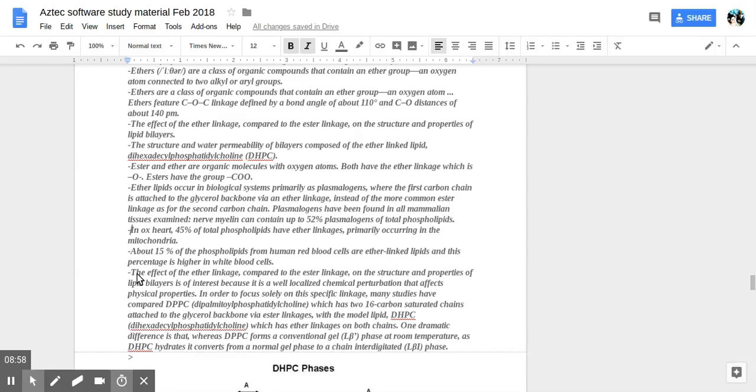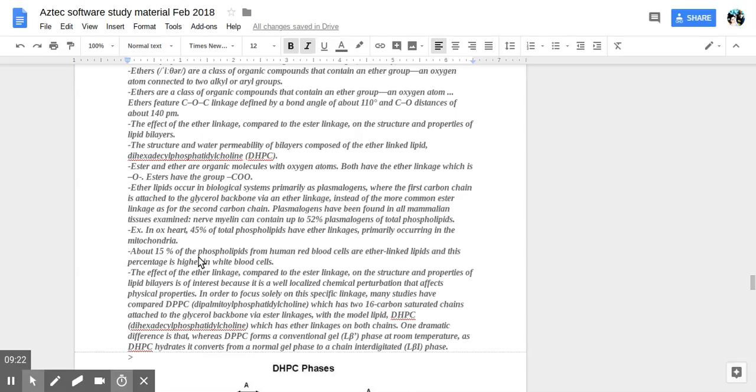About 15% of phospholipids from human red blood cells are ether-linked lipids, and in white blood cells this percentage is higher. The effect of the ether linkage compared to the ester linkage on the structure and properties of lipid bilayers is of interest because it is a well-localized chemical perturbation that affects physical properties.